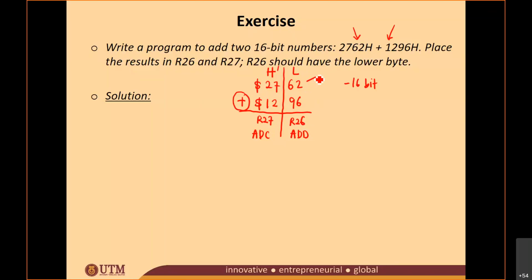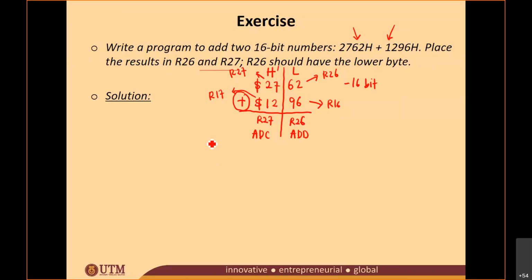So why not we put this one here to R26 and this number here to R27. What about this number here, 12 and 96? You can put it to any of your registers, for example R16, and the 12 here you put to your R17.